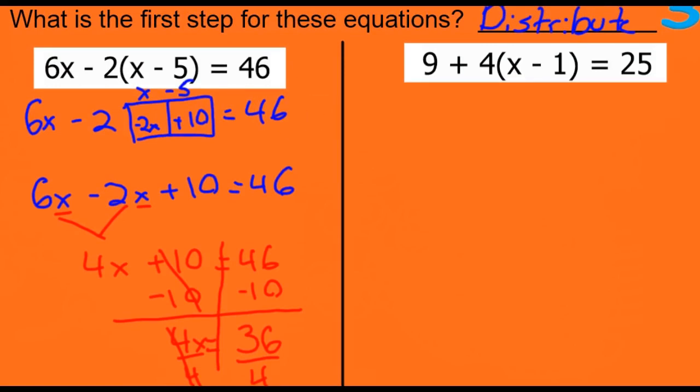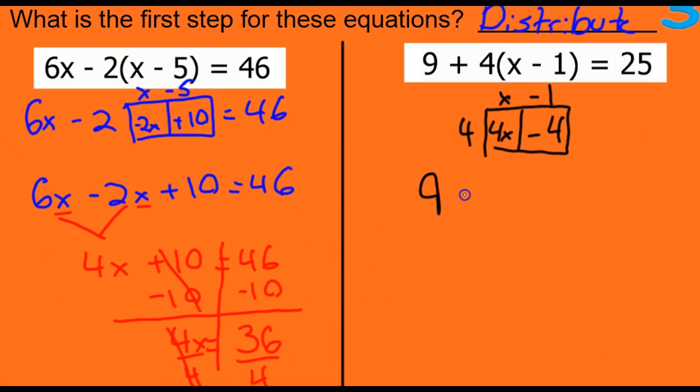Over here, if we're distributing, if we draw our box, we get 4 and x minus 1. So 4 times x is 4x. 4 times negative 1 is negative 4.